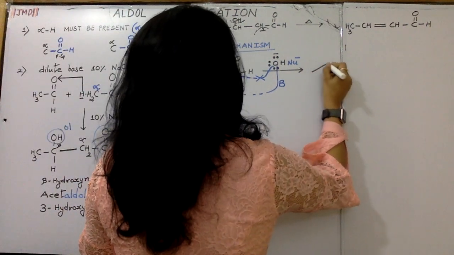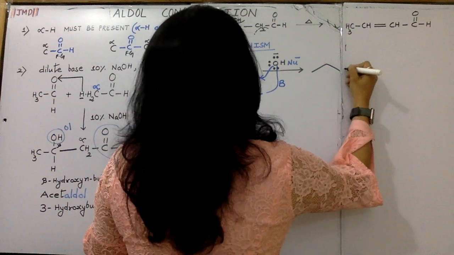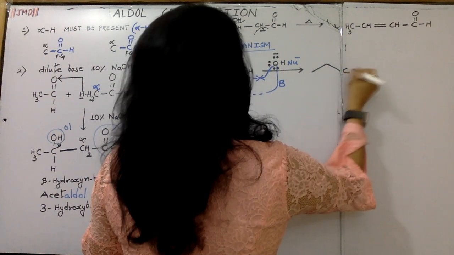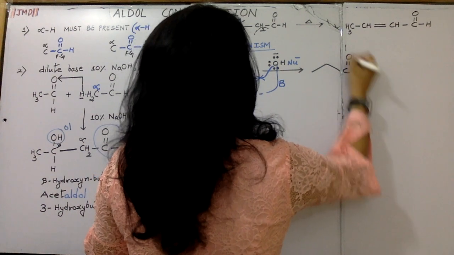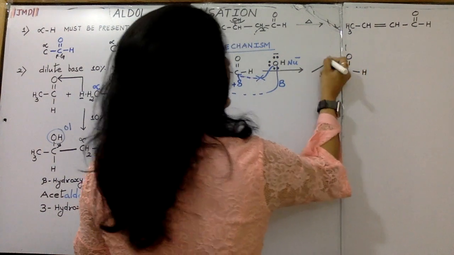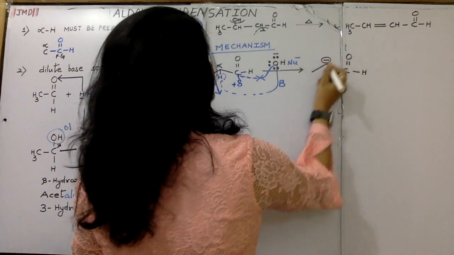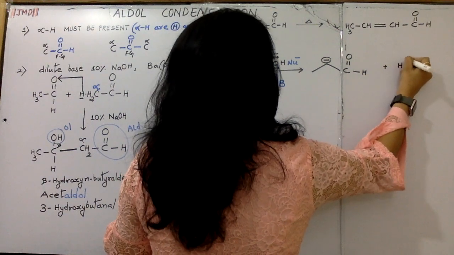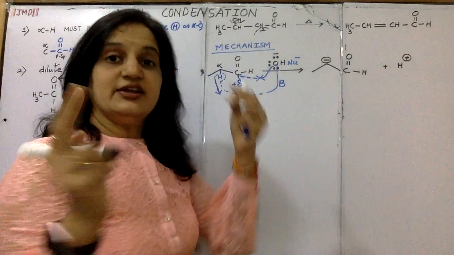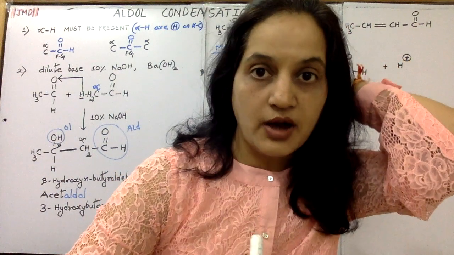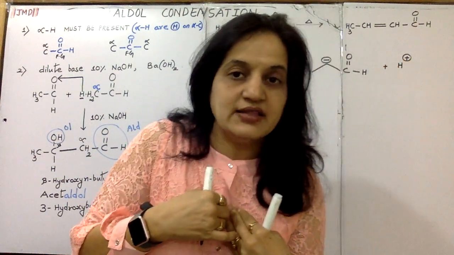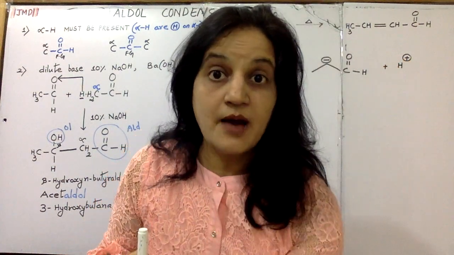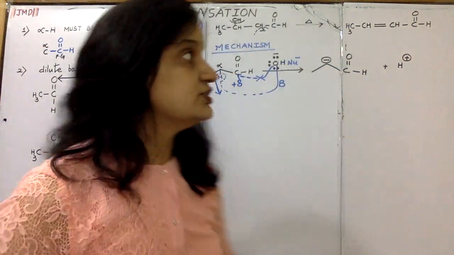I'll be getting an anion. Why? Because the proton is eliminated as H plus, and the two electrons of the C-H bond are retained by the alpha carbon. So the alpha carbon acquires a negative charge.